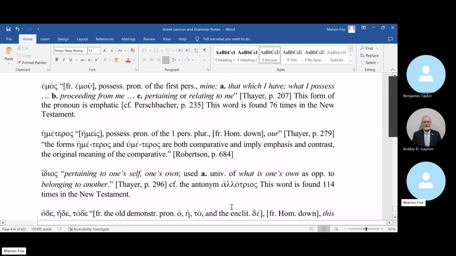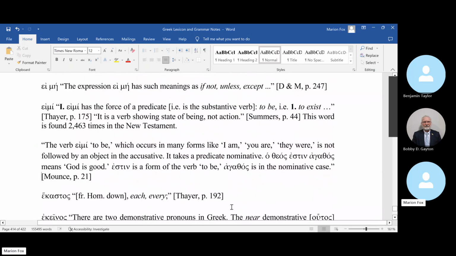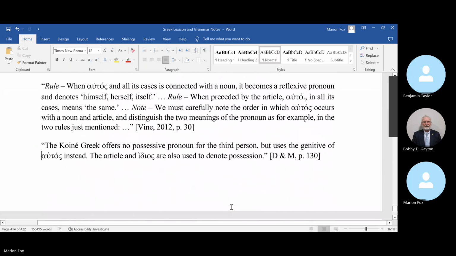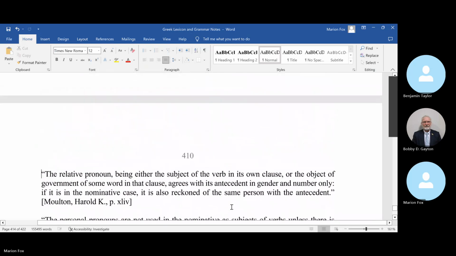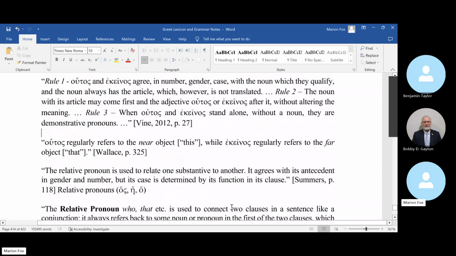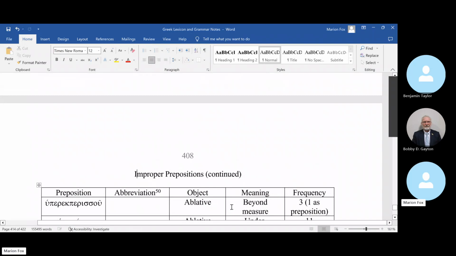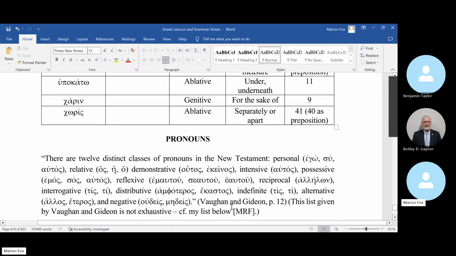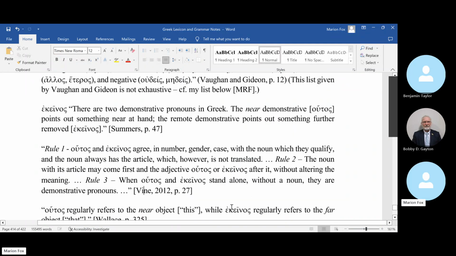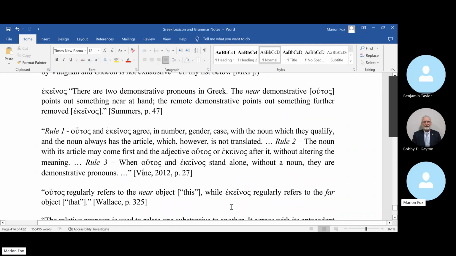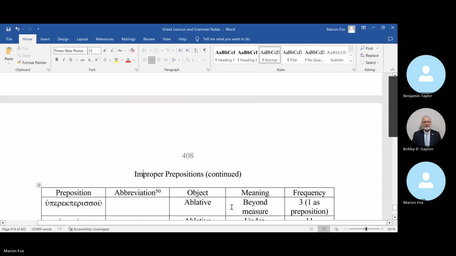Now I'm going to go through and put the pronouns also in alphabetical order. Then I have some rules for pronouns. And so there are the different kinds of pronouns and so forth. I also have prepositions, and we have two different kinds of prepositions.